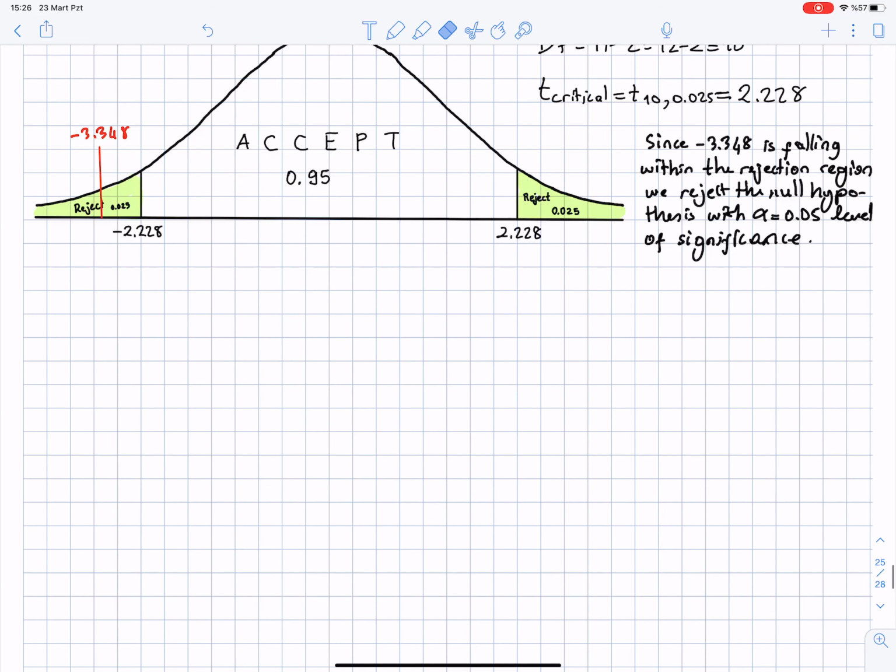The construction of the confidence interval is similar to the other test statistics.